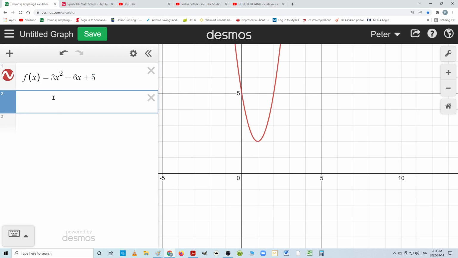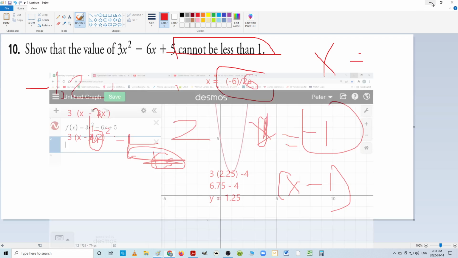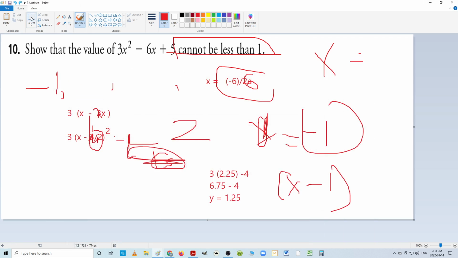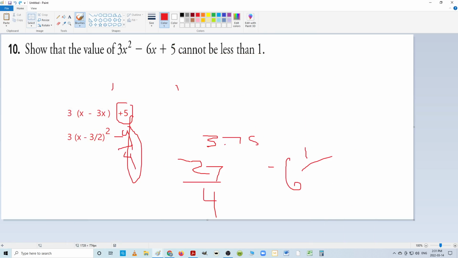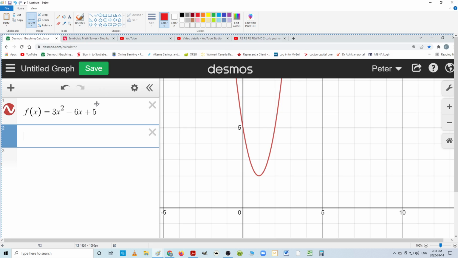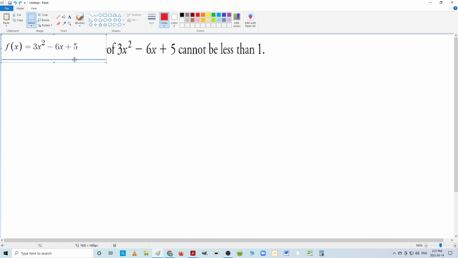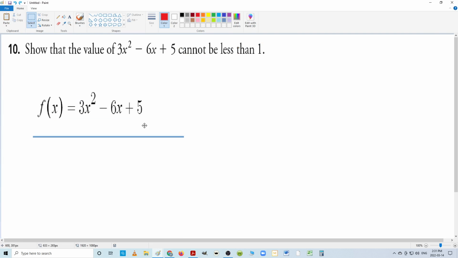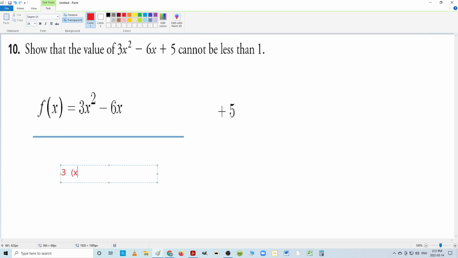And that means I only needed the x value of the vertex. I only needed to factor out, and this time I'll factor it out properly. Get rid of all this junk. I only needed to factor out this part of it properly. So I move the 5 aside. I correctly this time factor out a 3. I get x squared minus 2x.